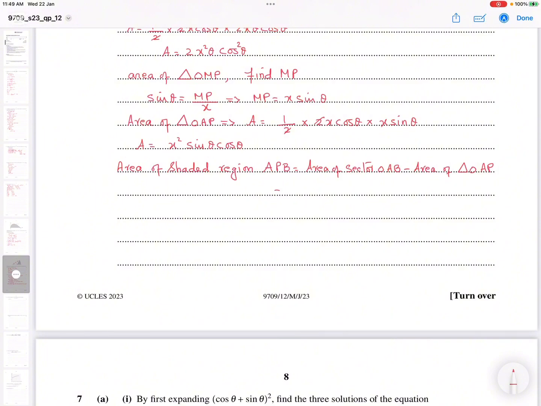So we can write 2x squared theta cos squared theta minus x square sine theta cos theta. Now take x square cos theta as common. You can write 2 theta cos theta minus sine theta. That's your answer.